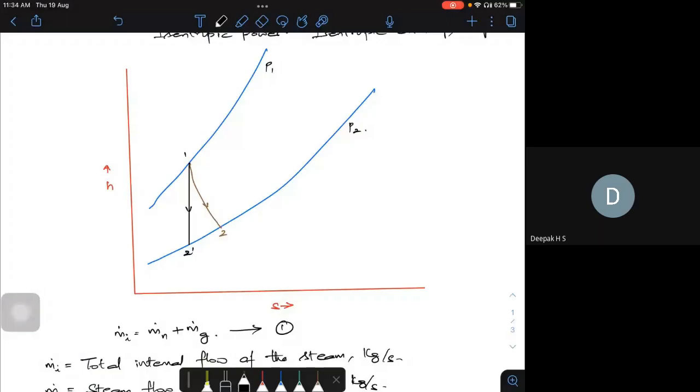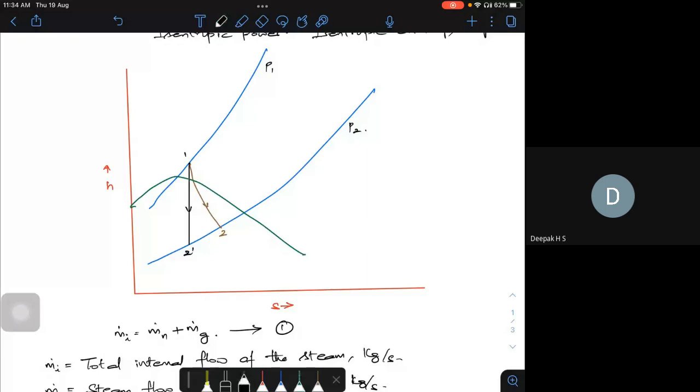so most of the time, suppose this is my dome. Okay, I want to put a dome something like this, because I've been telling you that at point one, the entry to your turbine, most of the time this will be superheated.